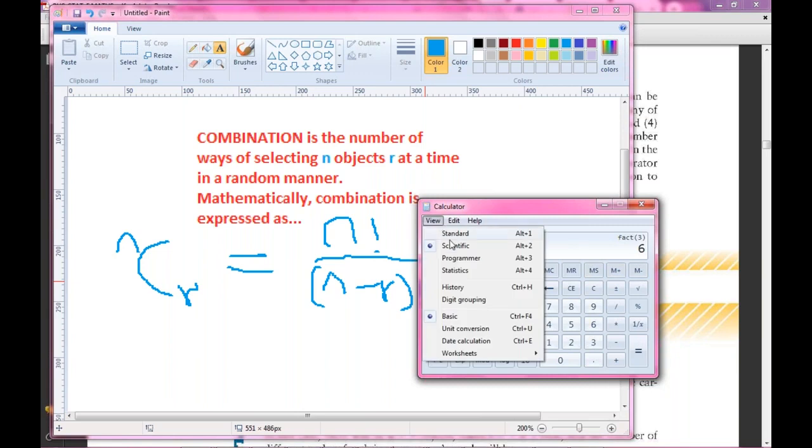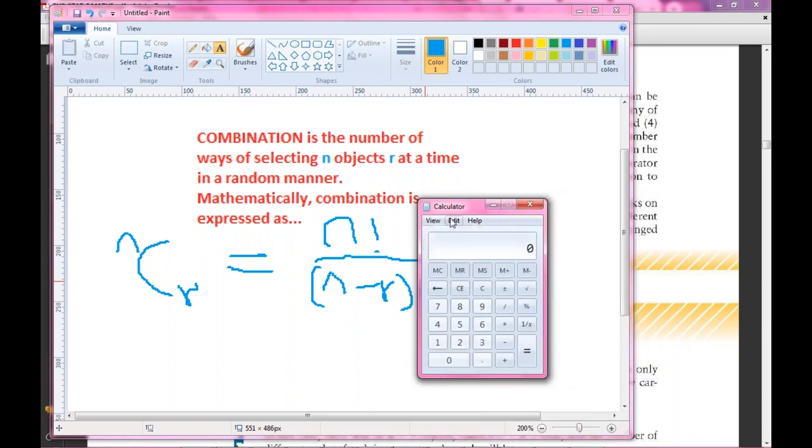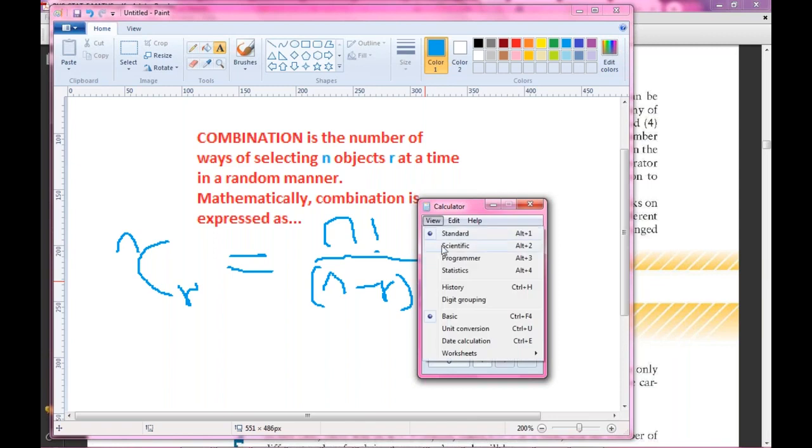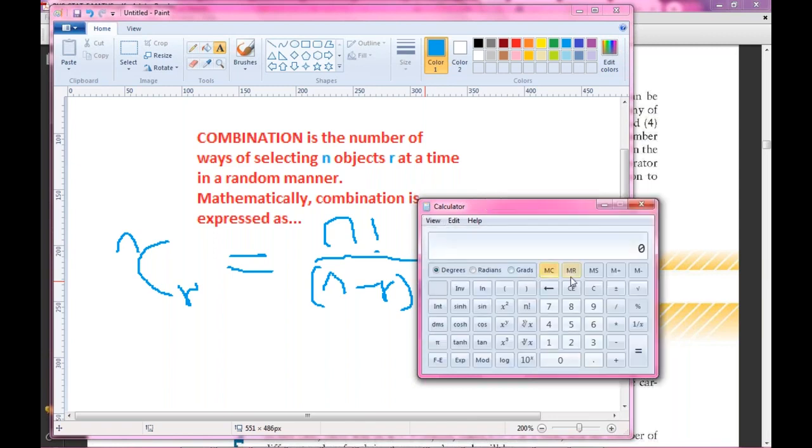If you have the other kind of calculator, the standard calculator, maybe you won't have it there. But this one is the scientific calculator, and the combination and the permutation are also seen there if you have some kind of advanced scientific calculator. The symbol there is nCr.